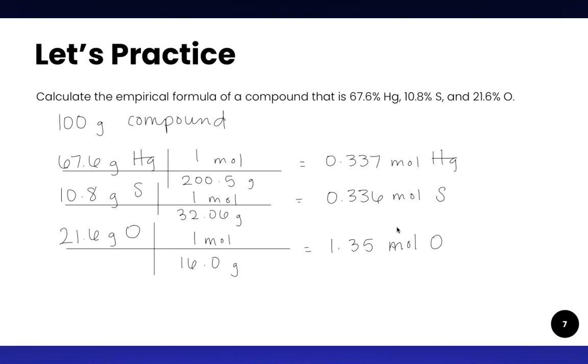So these two look like they have a 1-to-1 ratio. And in order to figure out the ratio between these and oxygen, you just need to take 1.35 and divide it by, let's say, 0.337.